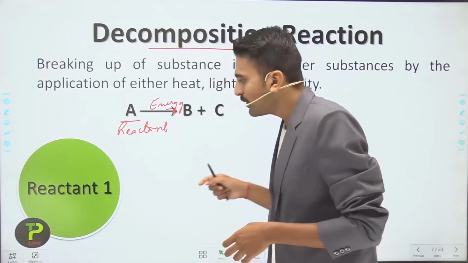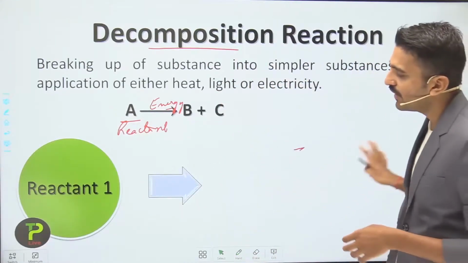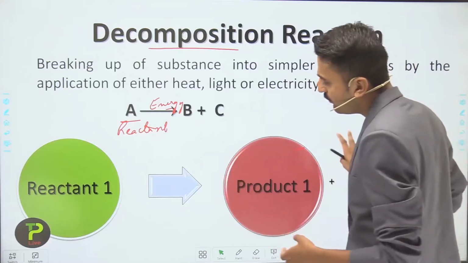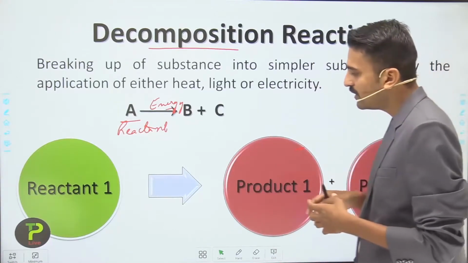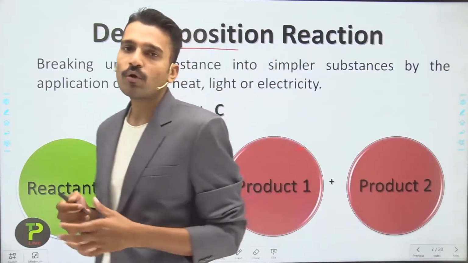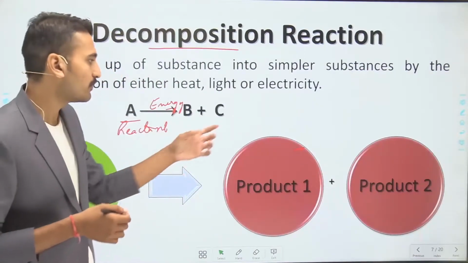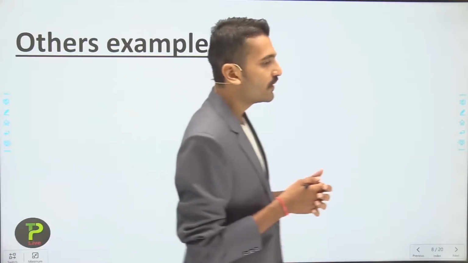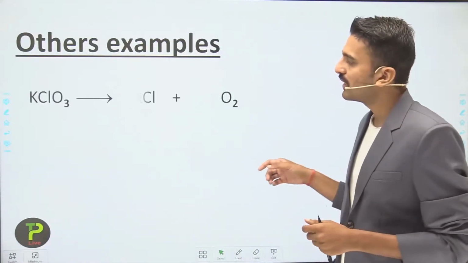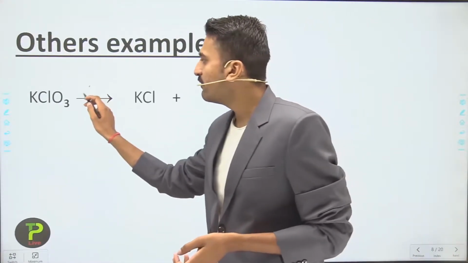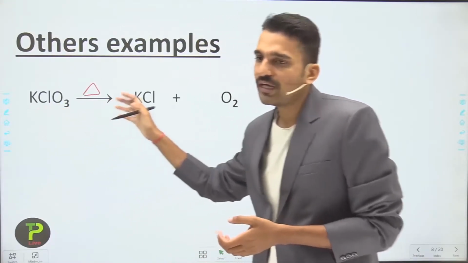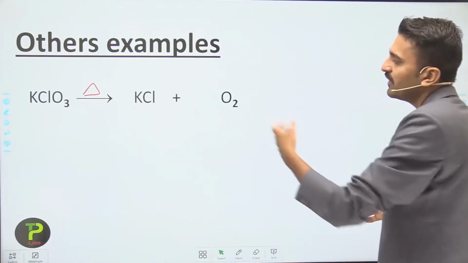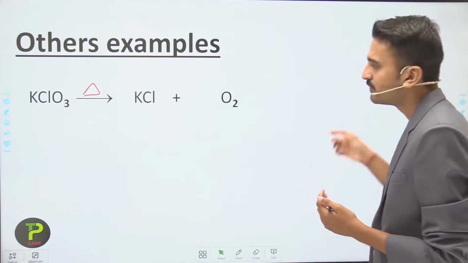Here you see the pictorial representation: when the reactant breaks, it forms two or more different compounds. Moving into examples, like KClO3. When we heat KClO3, or potassium chlorate, it decomposes into KCl and oxygen.